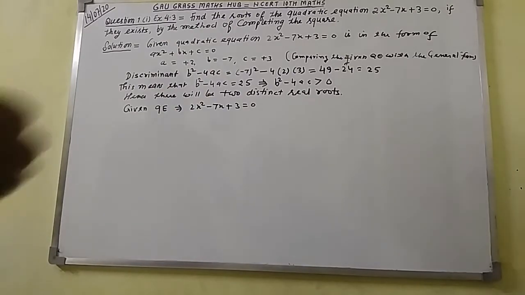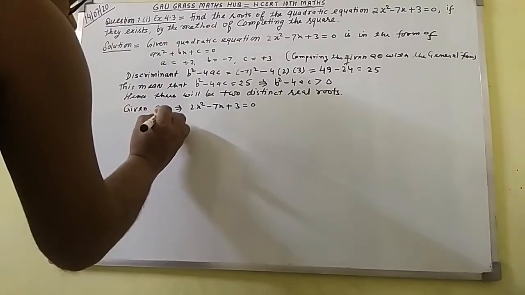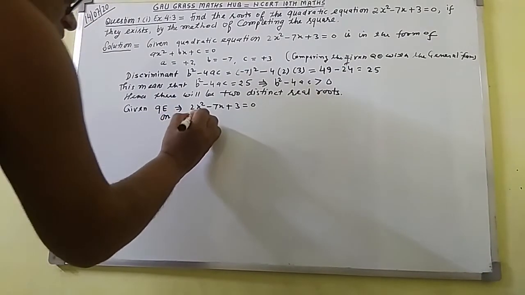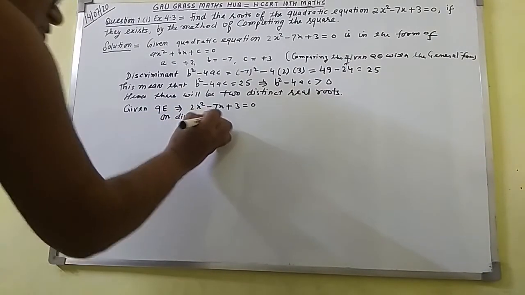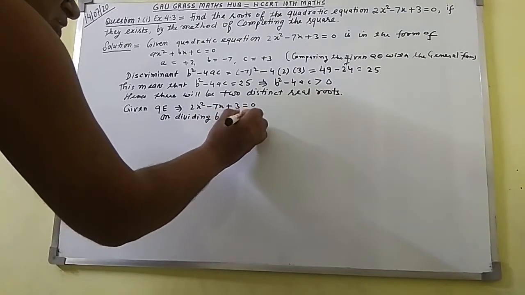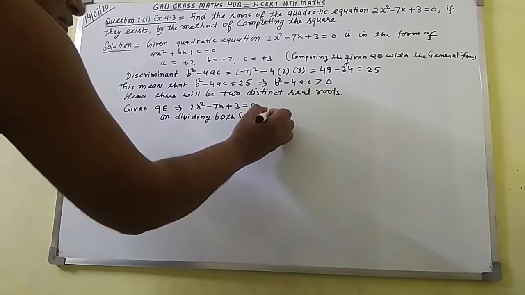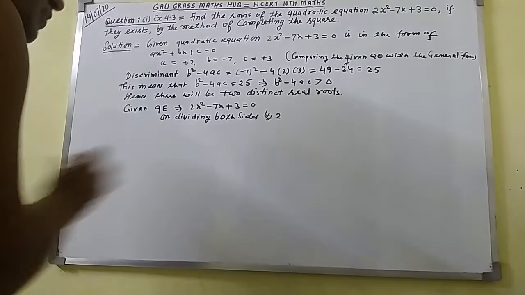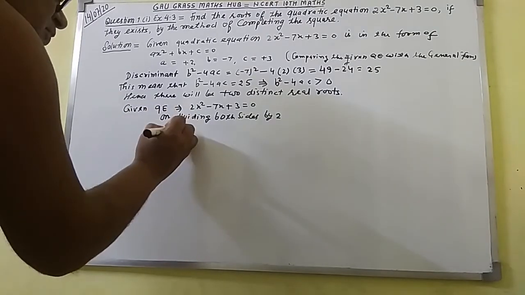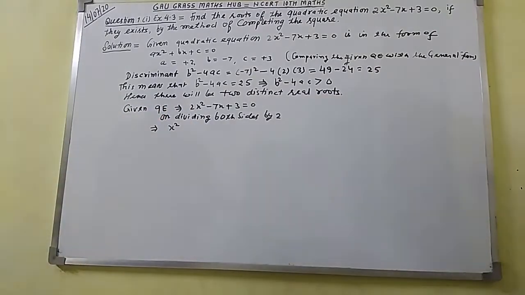So what you will do? Here you will write on dividing both sides by 2. If you divide both sides by 2, you will get here x square, since 2x square divided by 2 is x square.